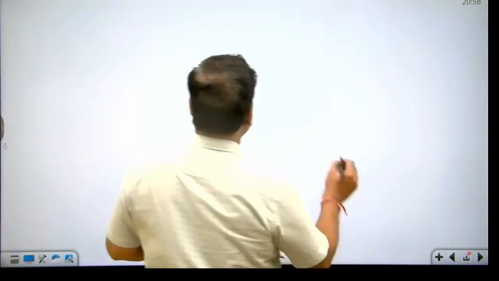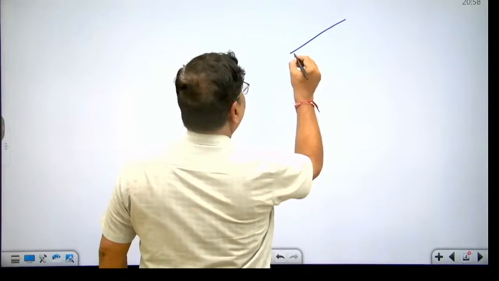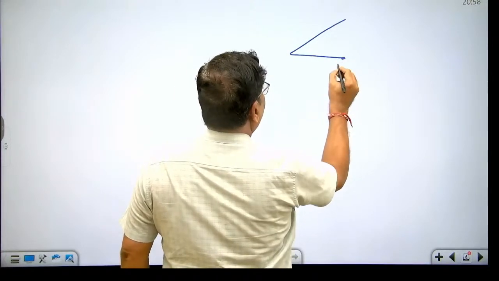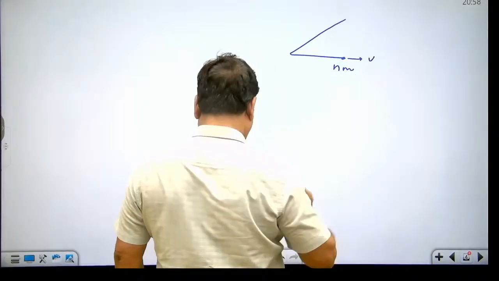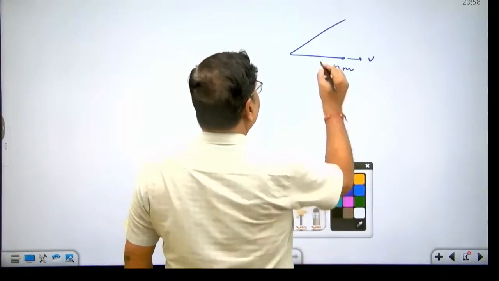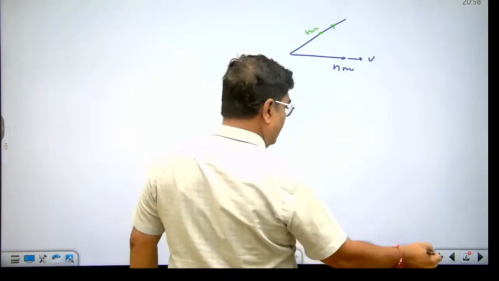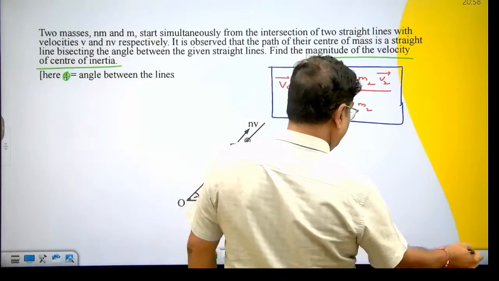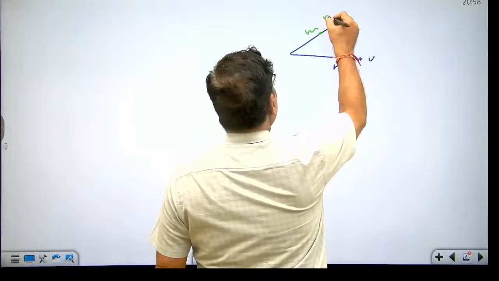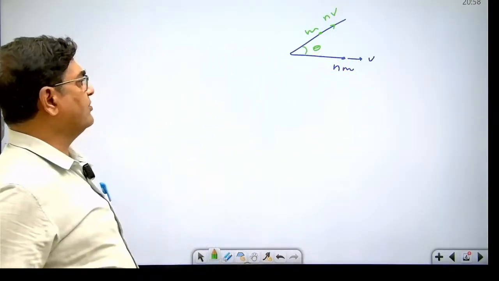See here, this is the particle of mass nm moving with velocity v, and this particle of mass m is moving with velocity nv. We have to determine the velocity of center of mass.